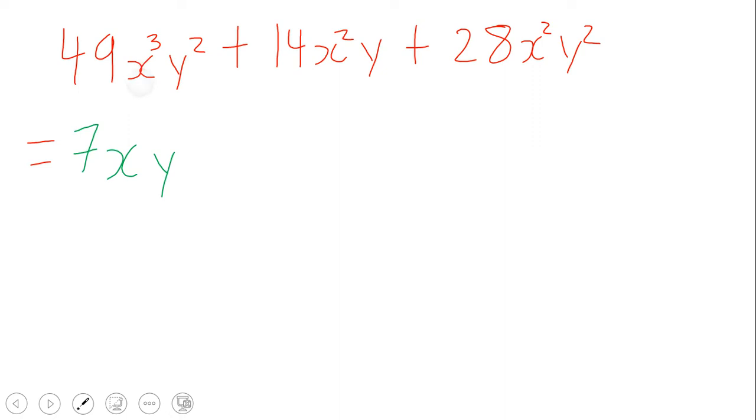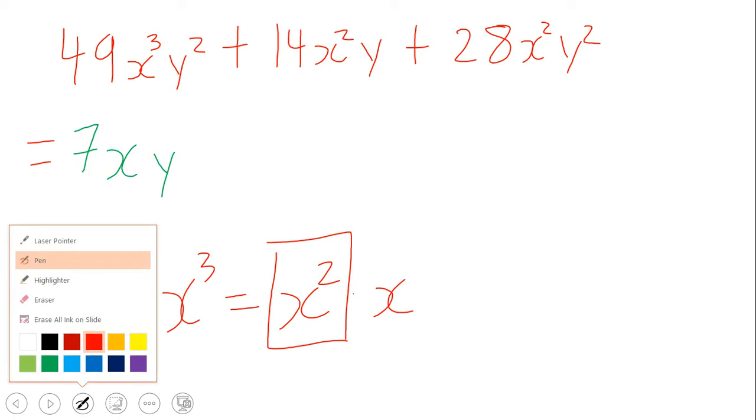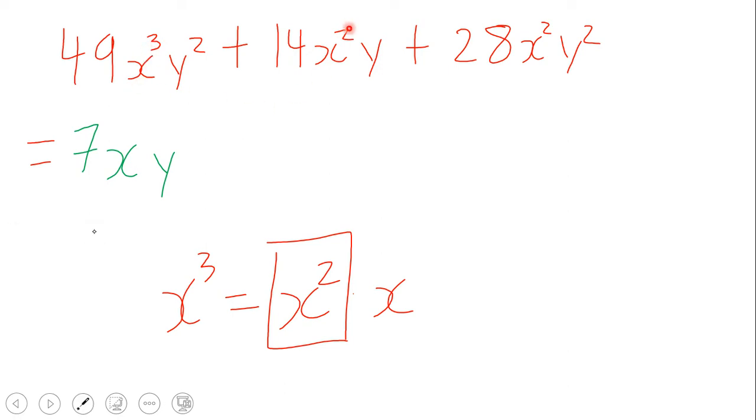Because we can say x cubed is actually equal to x squared times x, right? So we have an x squared right now. So this term has an x squared, this term has an x squared, and this term has an x squared. All right. So bear it in mind.